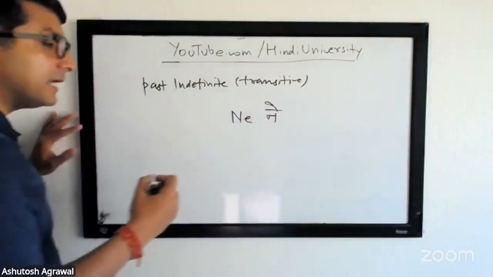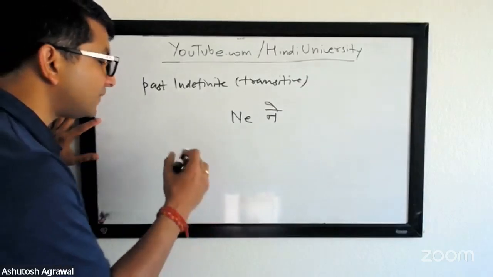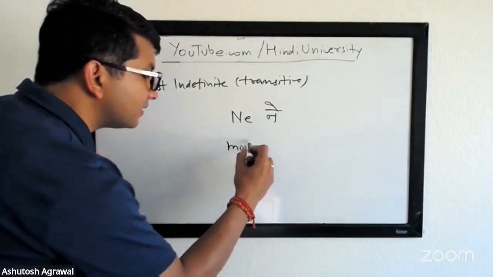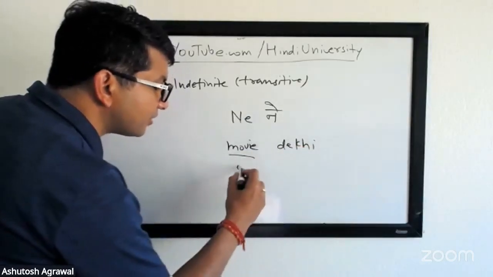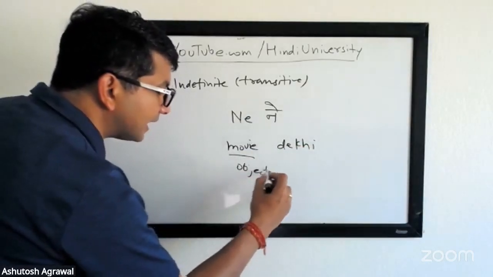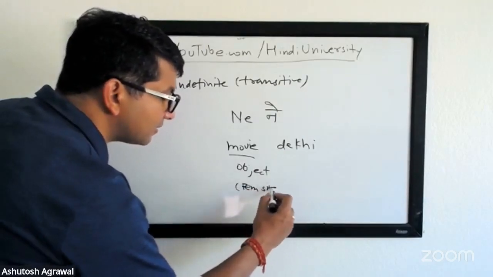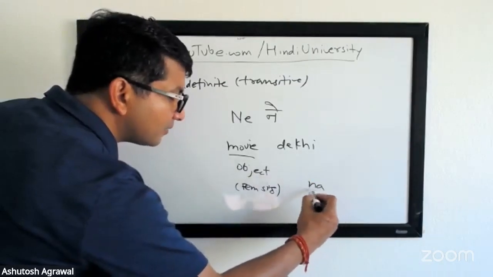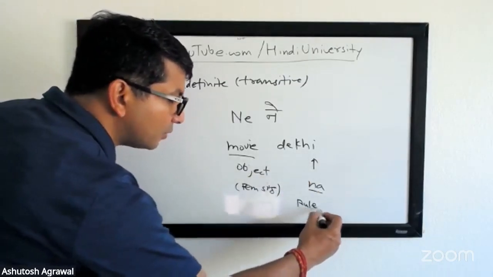Let's say you say "movie dekhi". Your rule number one is that movie is your object, and if it is feminine singular, which it is, you remove the "na" from "dekhna" and you put "i". That's your rule number one.